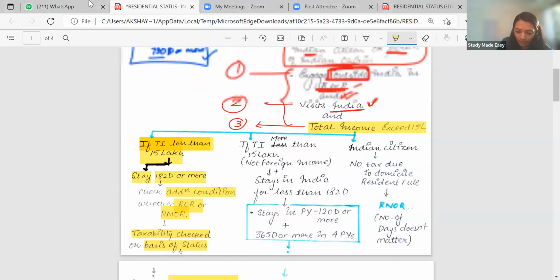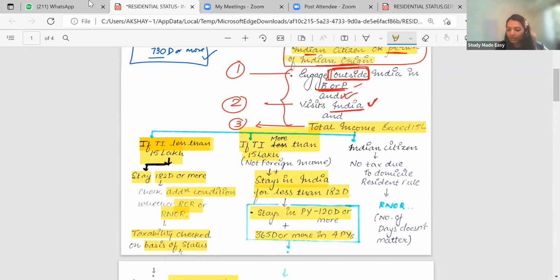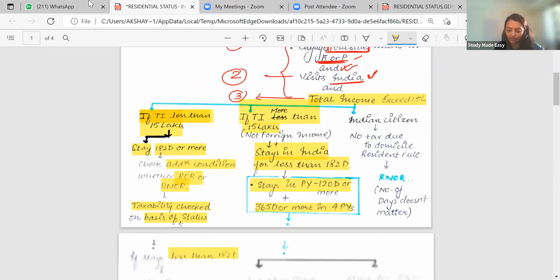See, if the total income is more than 15 lakh, you stay in India for less than 182 days, you fail to comply with the 182 days condition. So wait, another condition is this: stay in India in previous year 120 days and 4 years 365 days.